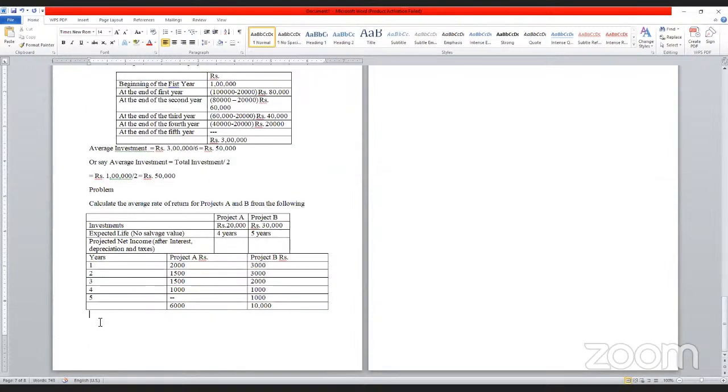Just I want to fit this problem here only. That is, I'm trying: if the required rate of return is 12%, which project should be undertaken?